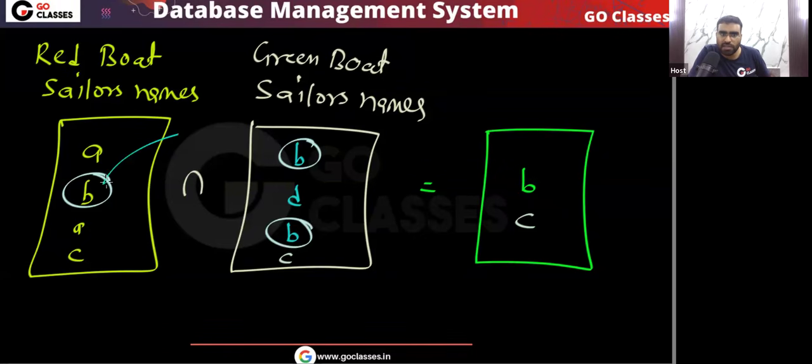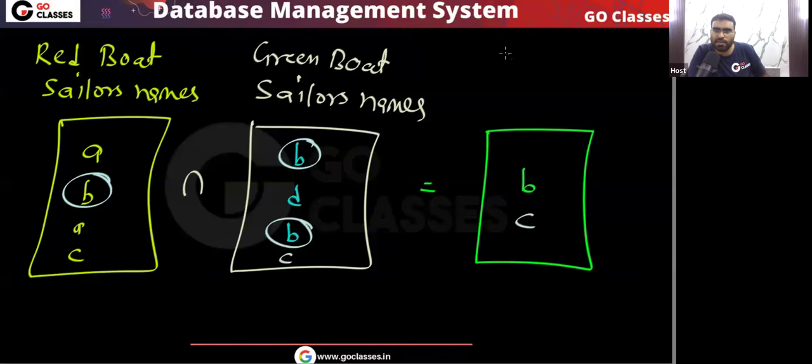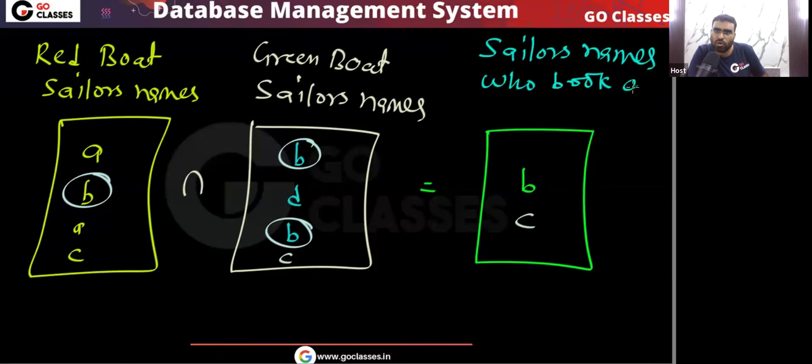Assume three different people have the same name. This is a different seller, different seller, different seller. They have the same name. So should we put B in the output? If I want sellers who are reserving red and green bot, remember these are sellers' names who book a red and green bot.